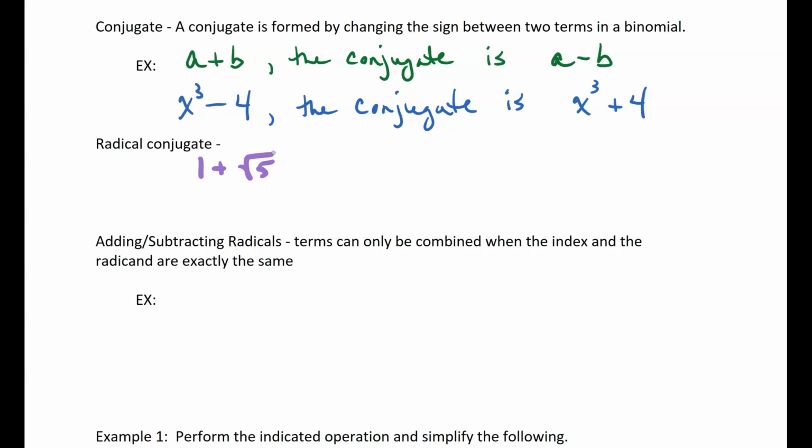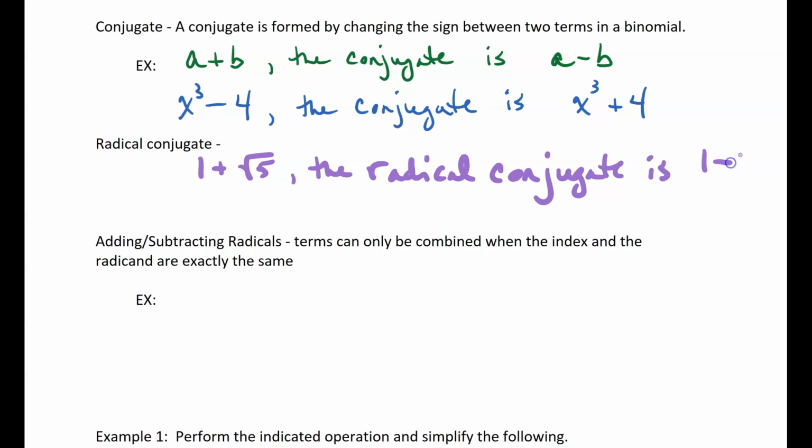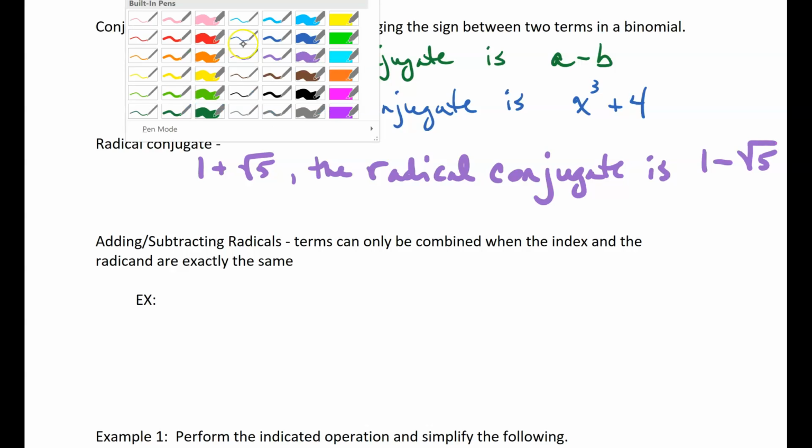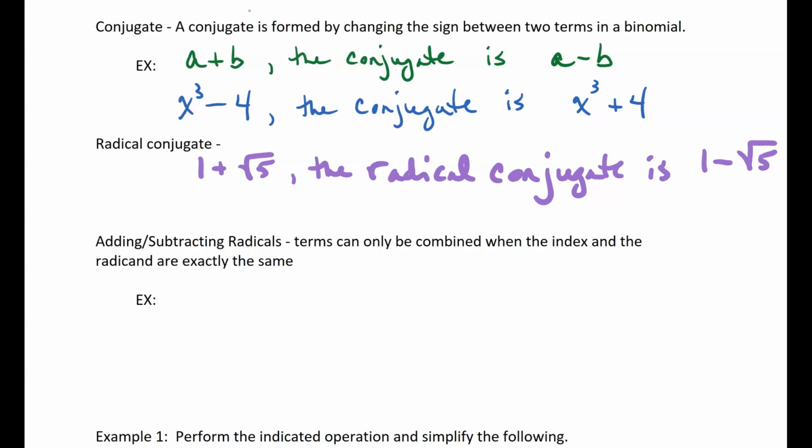Okay. So then we could say the radical conjugate is 1 minus the square root of 5. It's the same thing. We just say more specifically, because there's a radical involved.